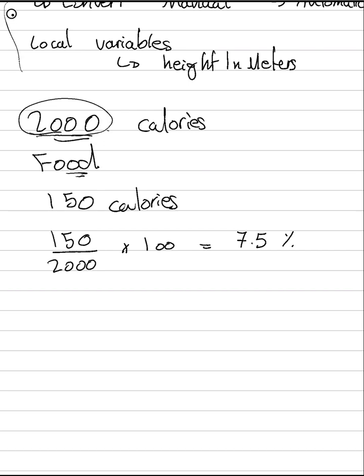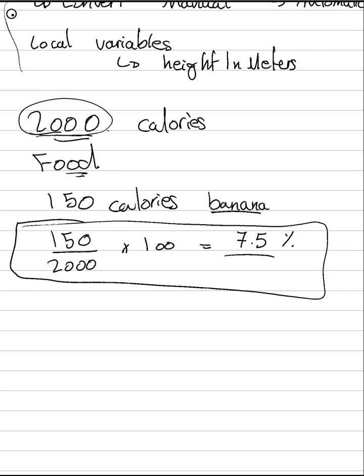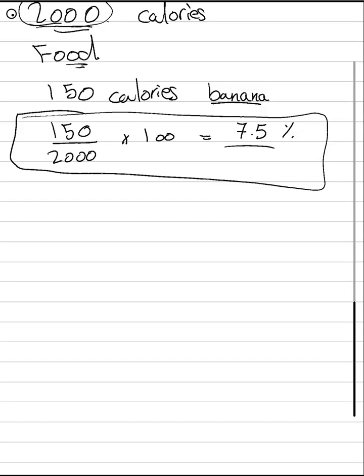So eating one banana is 7.5%. Right, exactly. So we want to design this percentage calculator, this method. How do we design things systematically?